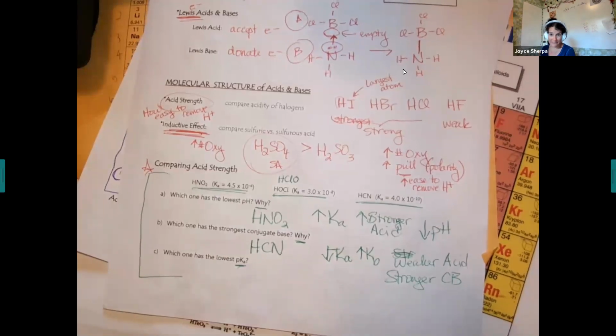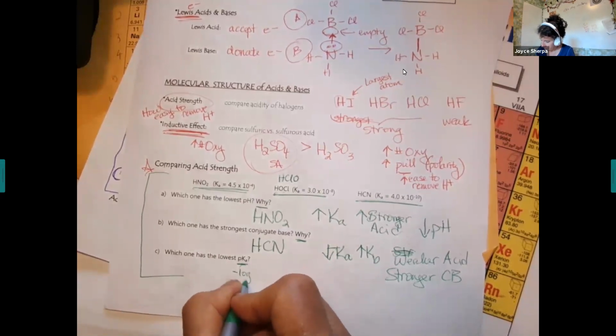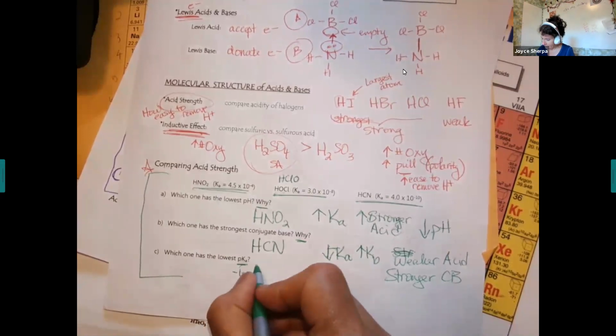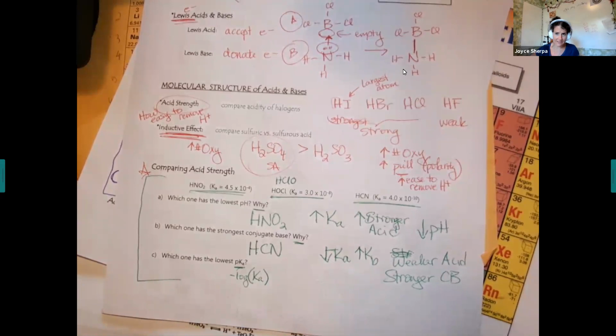All right, so one more. This is actually a question on today's study set, but I'll give you a hint. That little p means negative log, so this would be the negative log of the Ka. You don't have to put parentheses, but I did there.